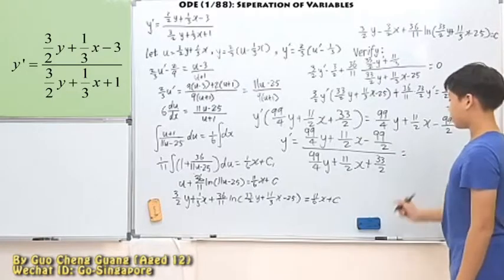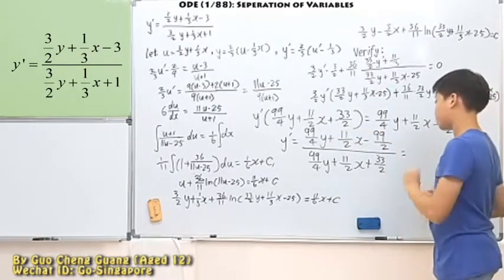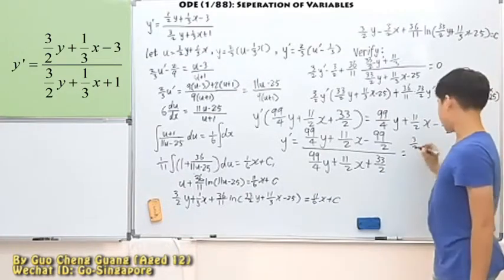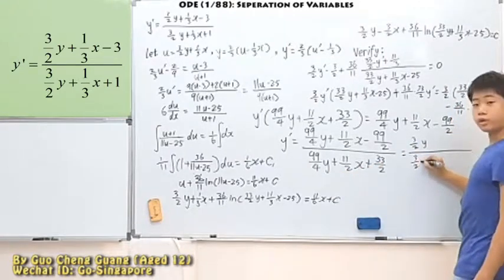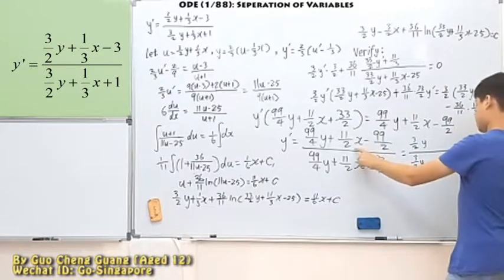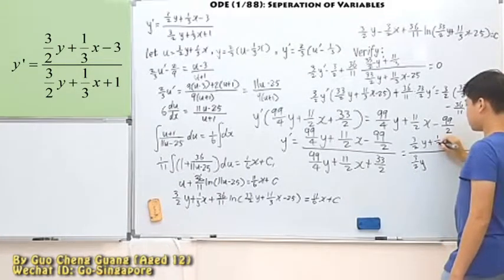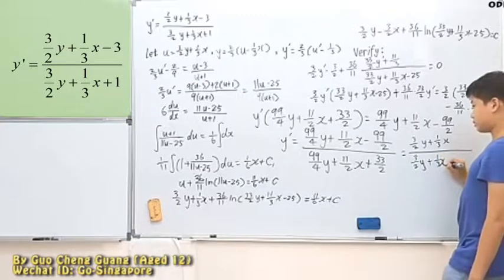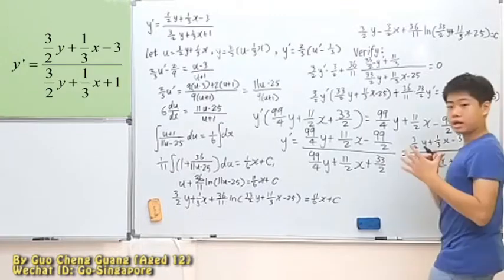So let's check the results. Divided by 33 over 2 means times 2 over 33. So you get 3 over 2 y, which is also 3 over 2 y below. This part is 1 over 3 x, so here is also 1 over 3 x. Then here will be a negative 3, and here plus 1.